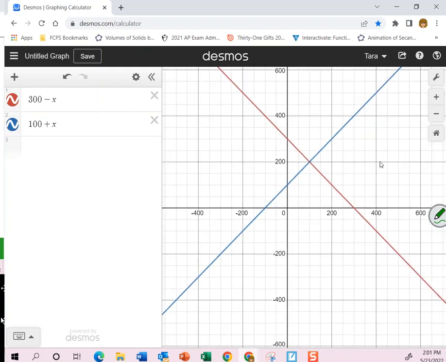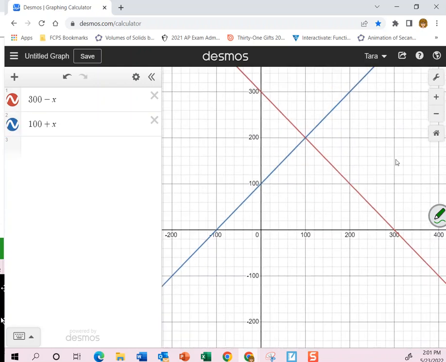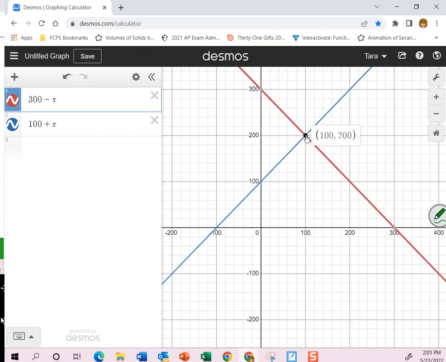We get a really nice scale, and we can see the intersection point right here at 100, 200. I love that about Desmos. It gives us those really easily. It's also very easy to read this off the scale, but clicking on it will give it to us.